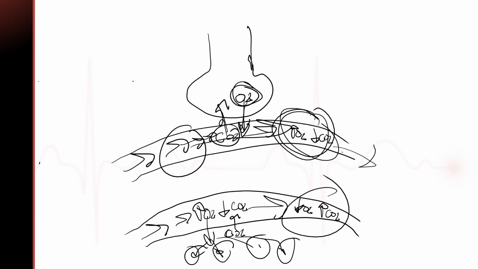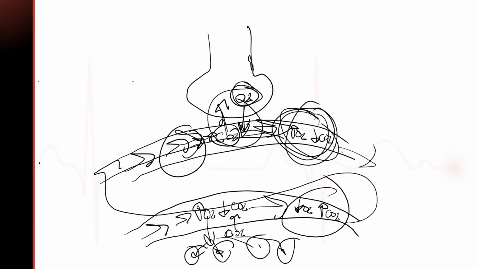And the right side of the heart is going to contract, and it's going to push this deoxygenated blood into the pulmonary circuit. This deoxygenated blood is going to travel through the pulmonary arteries, pulmonary arterioles, into the pulmonary capillaries, and it's going to become oxygenated.